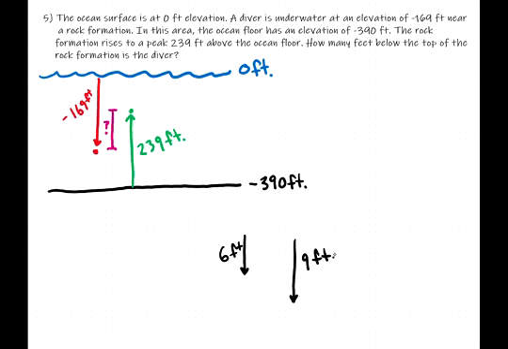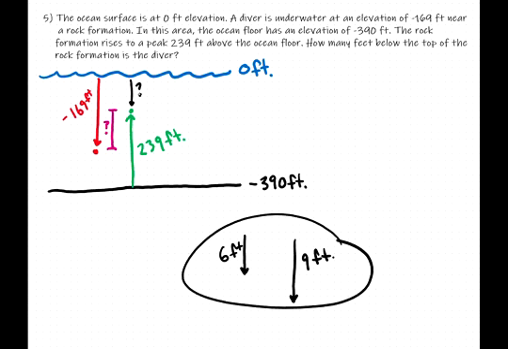So let's say, how far down is the top of the rock? What is this distance? That way we can put it in the same context as this. So if the whole distance from surface to the bottom is 390, and the rock accounts for 239 of that, then the distance from the rock to the surface is the rest.